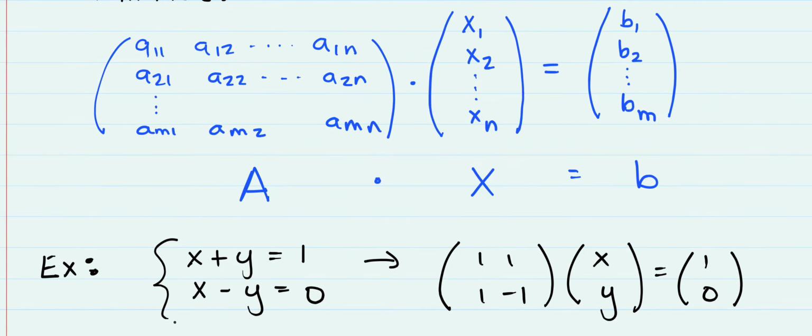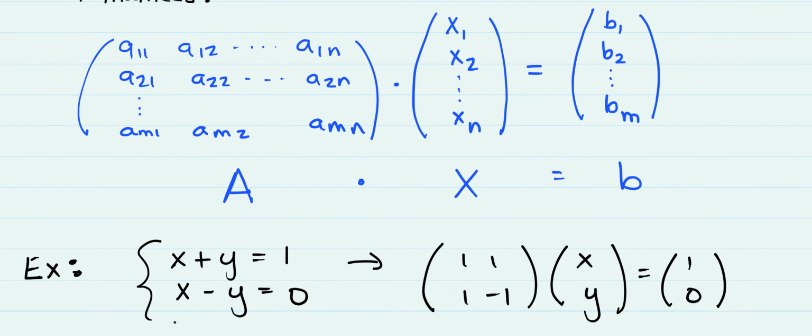So before we do that, I want to talk about the 3 different situations that can occur when you solve a system. Solving a system means we're figuring out the variables that we need to plug into the linear equations to make them true.